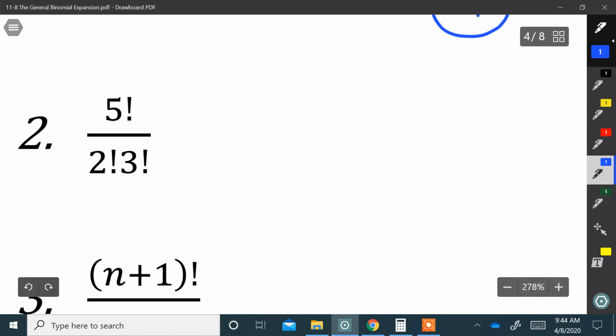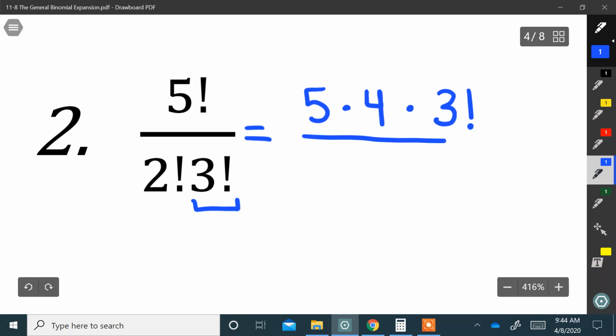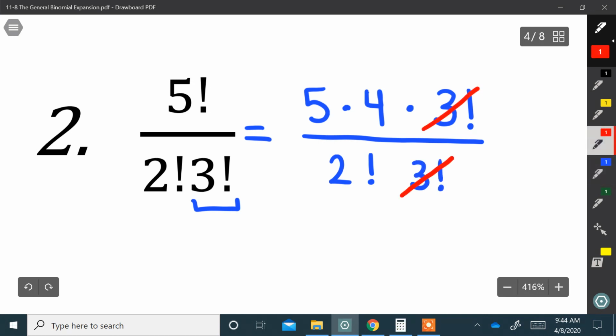All right, let's talk about number 2. Whenever you have division, you want to simplify as much as possible. I see this 3 factorial here. 5 factorial is going to be 5 times 4, and I'm going to write 3 as 3 factorial. Here's why I'm going to do that: so that this and this will cancel.